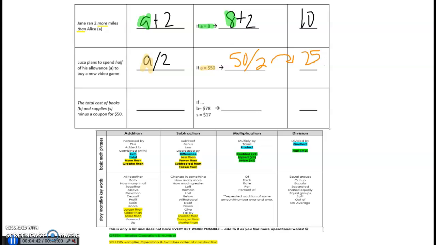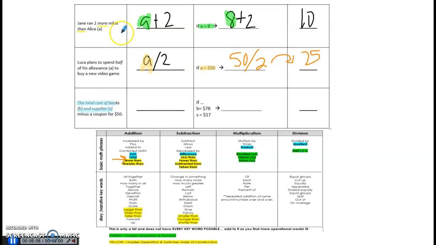Okay, last one here. It says the total cost of books and supplies, and if you notice those also have variables, books is B and supplies is S, minus a coupon for $50. Your keyword in there is total, and if you look on your chart, total is one of those keywords where we have to put it in parentheses.